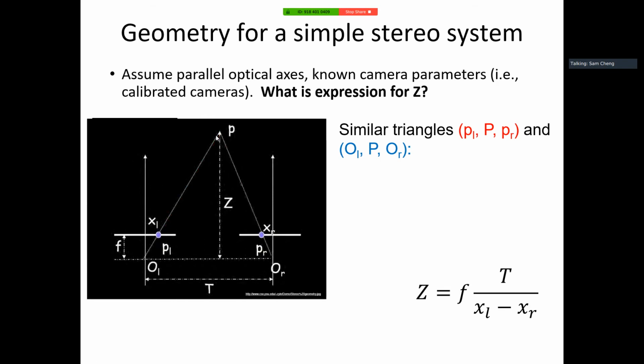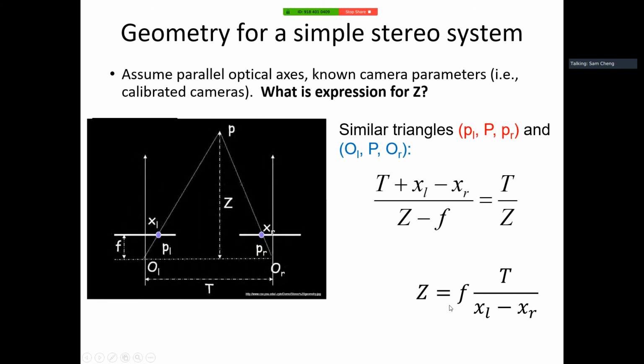Then you see these two red triangles and the blue triangle are similar. Therefore we have T plus XL minus XR, or actually this is a typo here, over Z minus F. That's this length here, which should be equal to T over Z here.